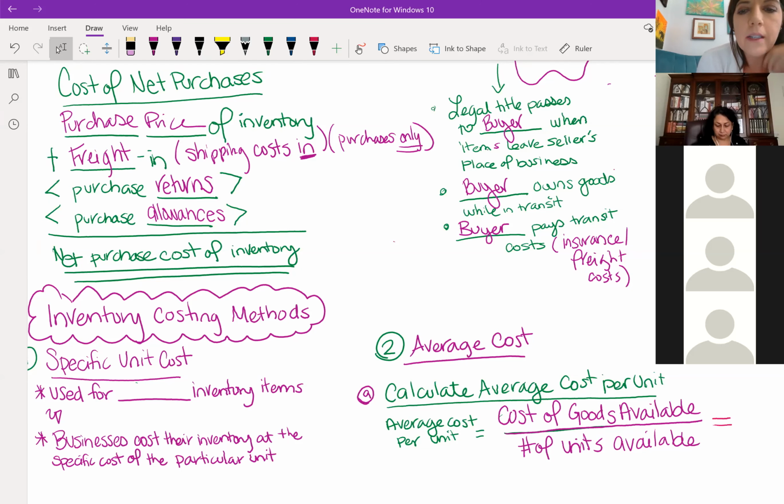One last thing, and then we're going to take a break. The net purchases, the cost of net purchases. So our cost basis, if you will.